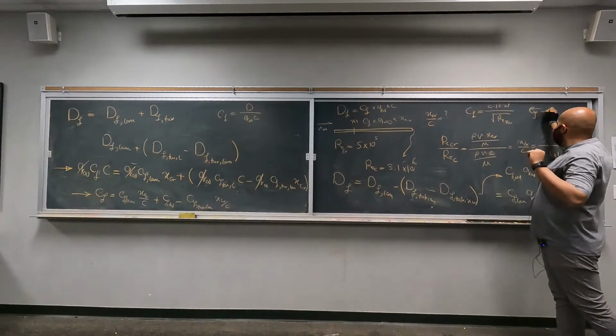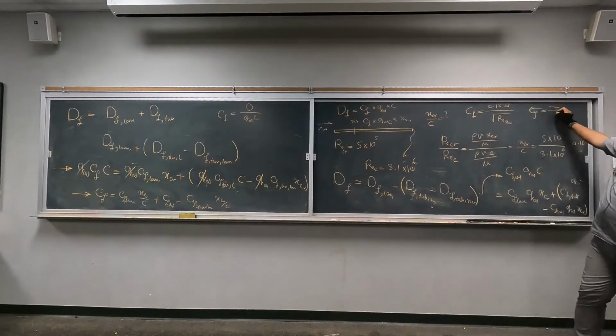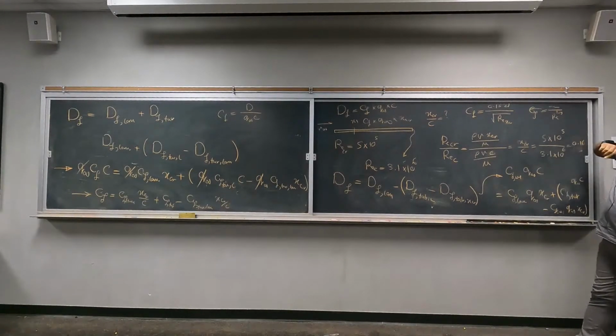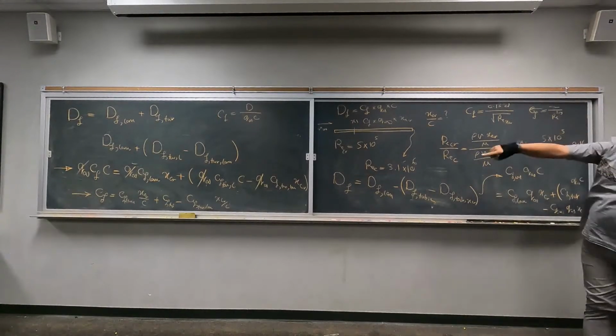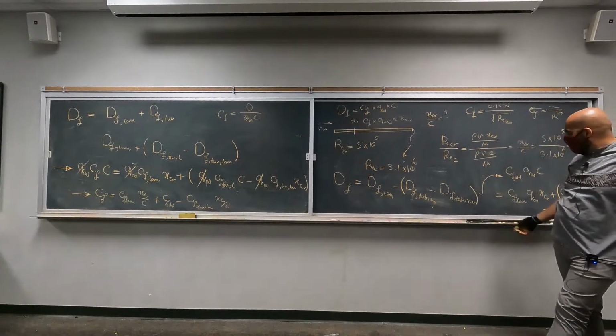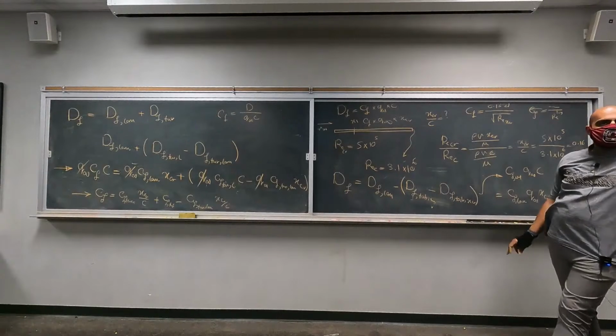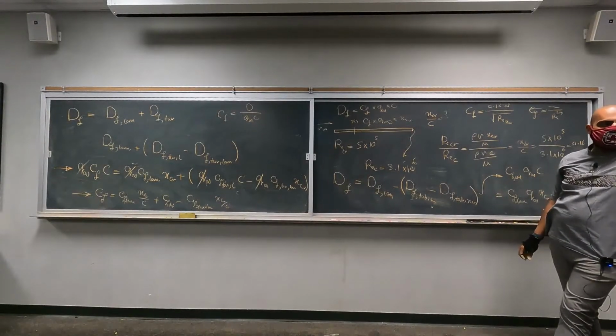And we also had the equation for the turbulent, Re to the power 1/5. Plug the Reynolds number in, calculate the CF. And eventually, you should be able to find the net CF. Yes? Is this clear? OK.